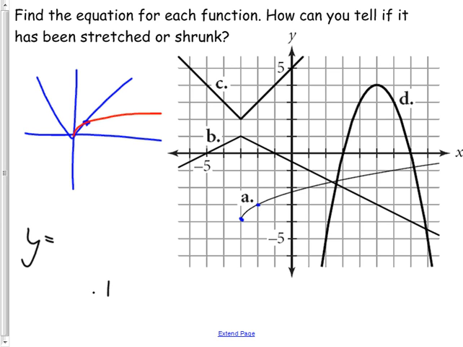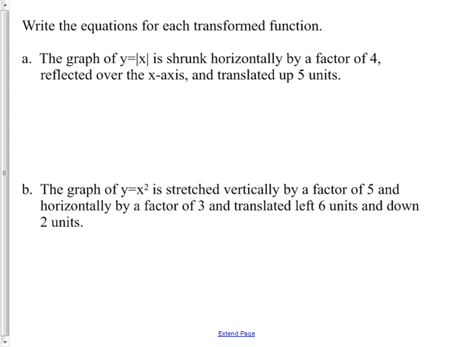The parabola goes through over 1, up 1. So that's a great spot to tell whether something's been stretched or not. So I start here at the vertex and I say, that's over 1, up 1, except it's down 1. This one, over 1, up 1, so it didn't get stretched. This one, it's over 1 and up. Wait a minute, that one got stretched. See what I mean? That's how you can tell if they were stretched or not.